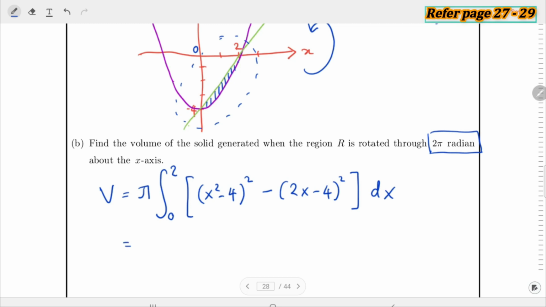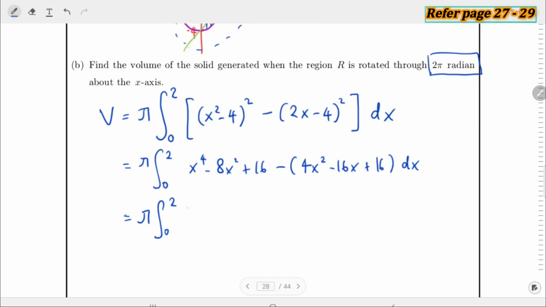Okay, so now first thing first, as usual, we are going to simplify the function before we integrate. So here it becomes x to the power of 4 minus 8x squared plus 16 minus, we expand this, 4x squared minus 16x plus 16, with respect to x, from 0 to 2.